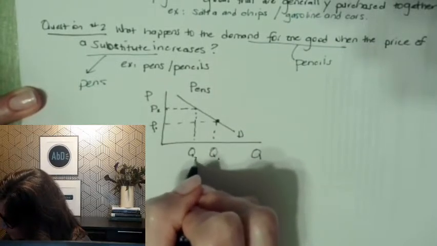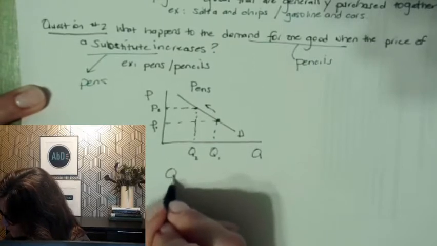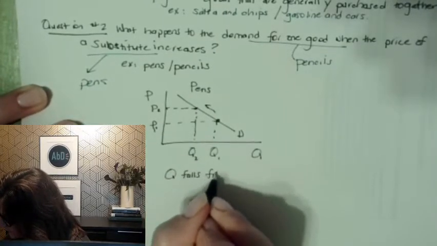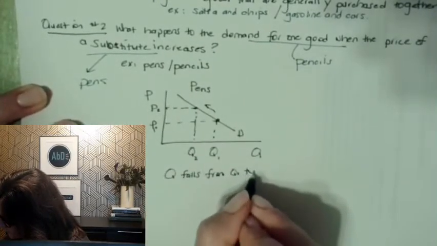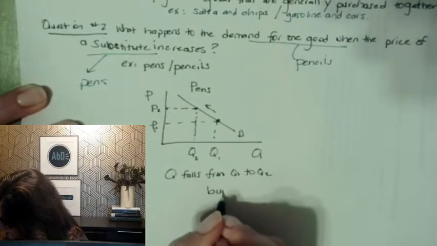This means quantity would go down. Okay, so Q falls from Q1 to Q2. This means we're buying less pens.